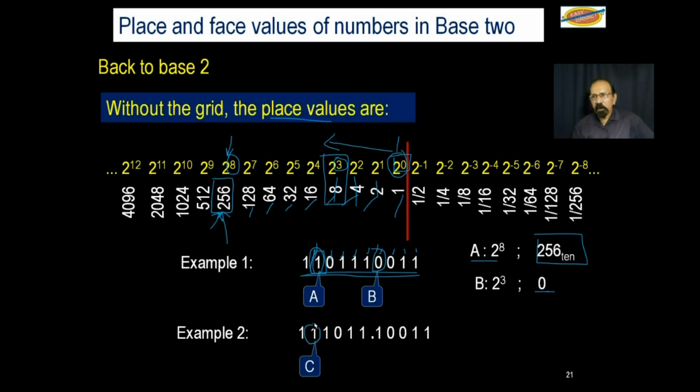This one here, if we count from the ones, this would be 1, 2, 3, 4, 5. That will be 2 to the 4th position, because remember, there is this 0 here. So 2 to the 4th, which is here, and we get one of those, which will take us to 16 in base 10.